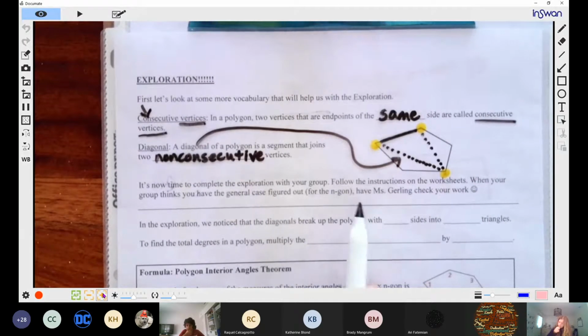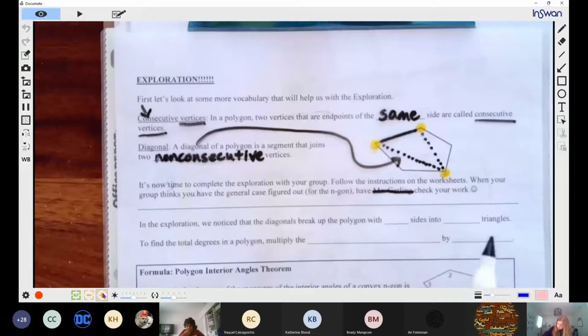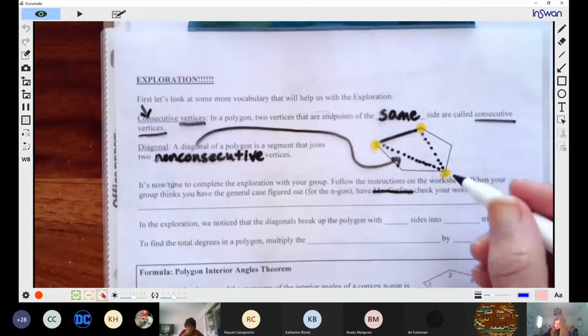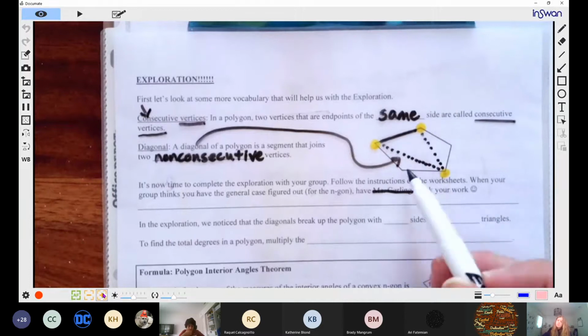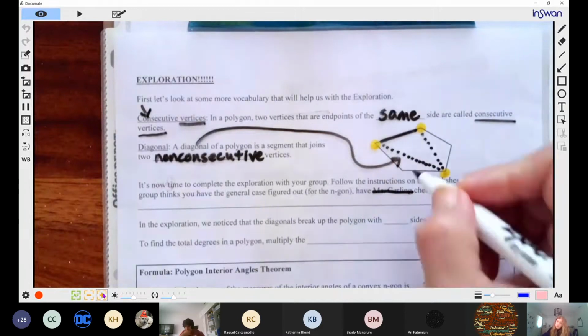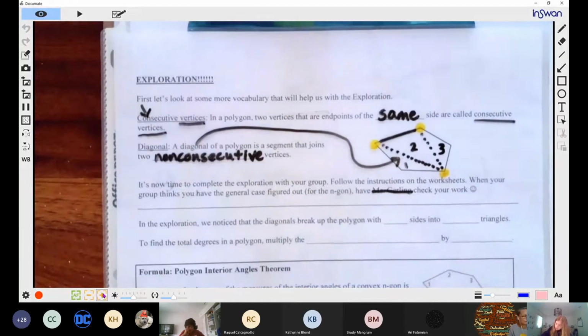Now, it's time to complete the exploration. Now, we don't have groups, so we're not going to do this part, but we are going to fill it out. Because what you would notice is that, see how this is now broken up into three triangles? Here's a triangle, here's a triangle, and here's a triangle.